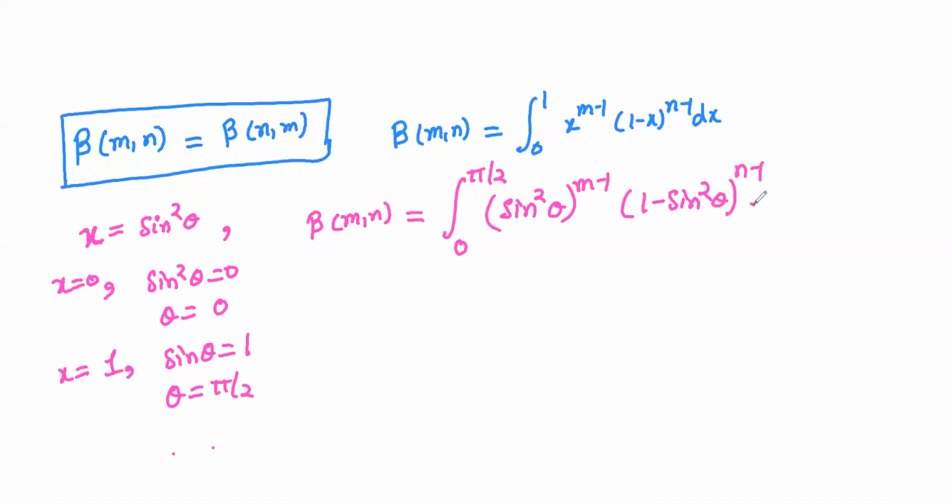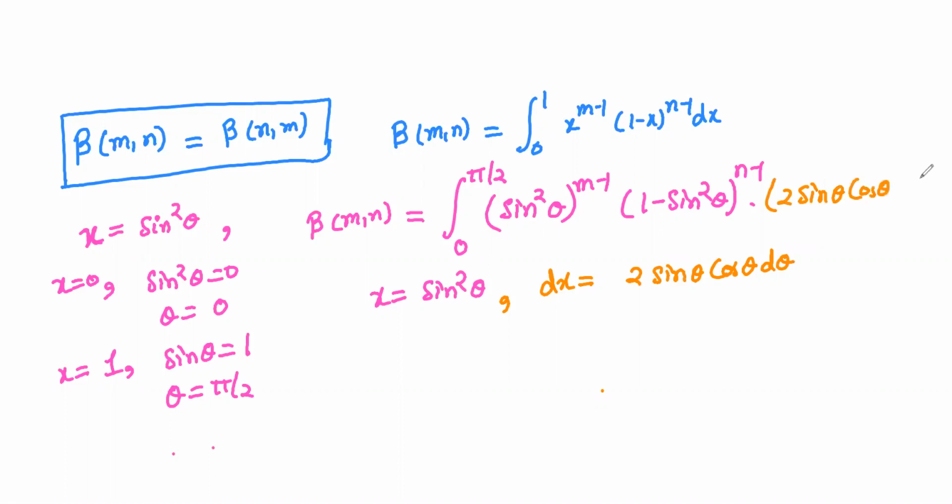So x is sine square theta, so dx will be 2 sine theta, cos theta, d theta.